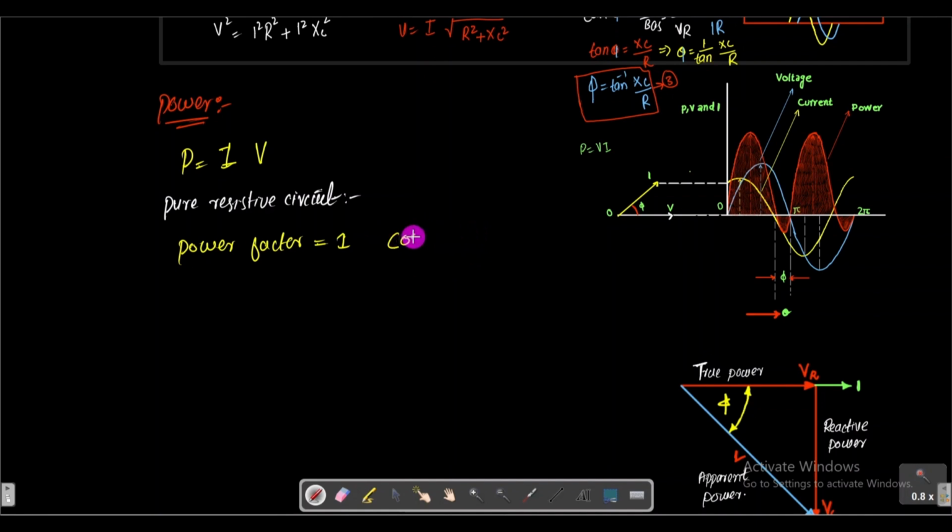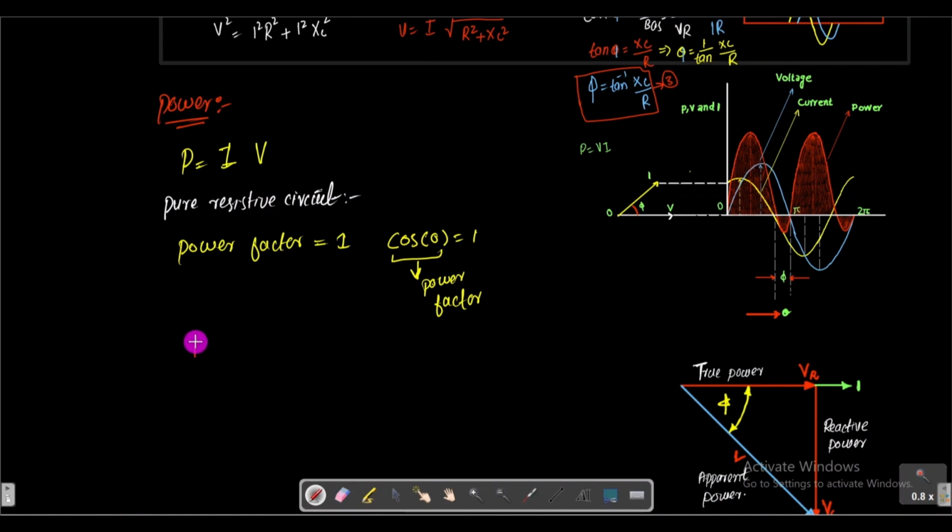Therefore cos 0 is equal to 1, and this cos phi is the power factor.